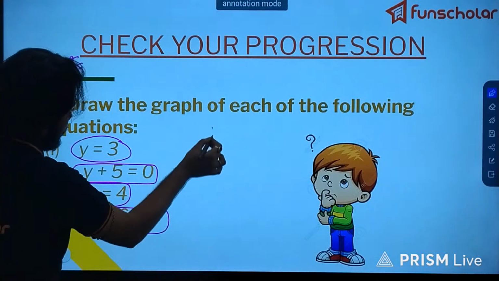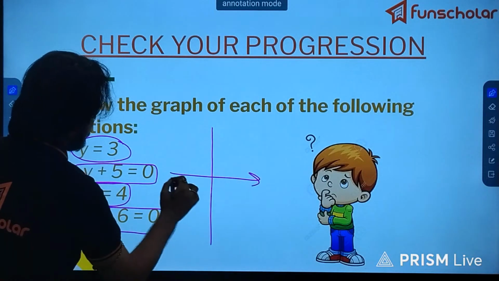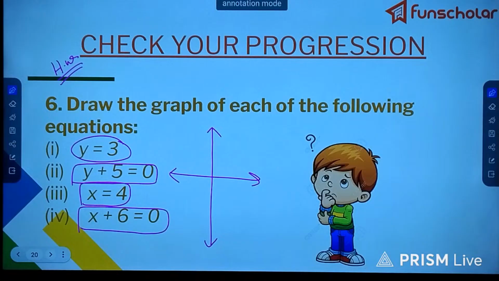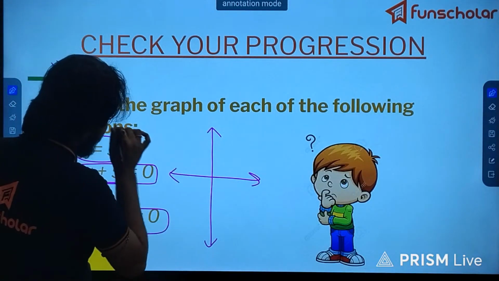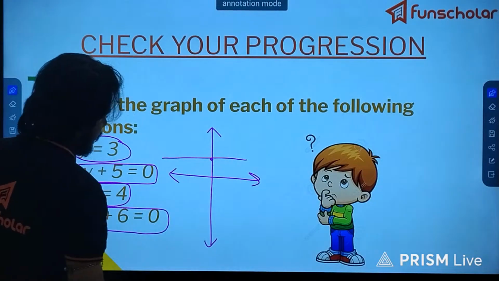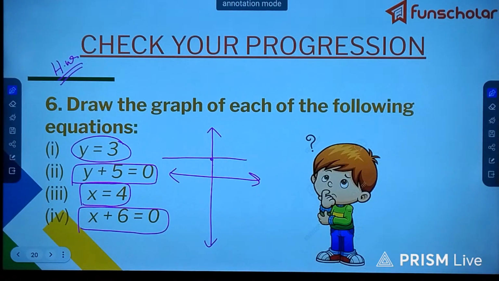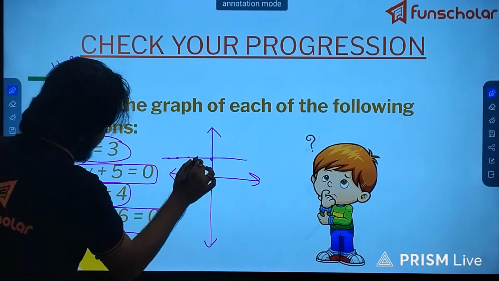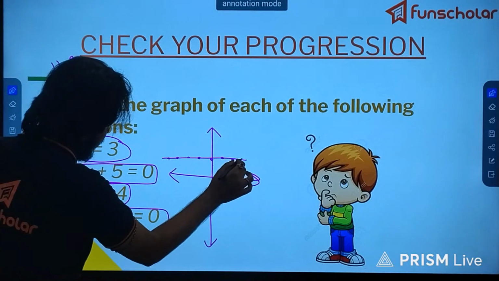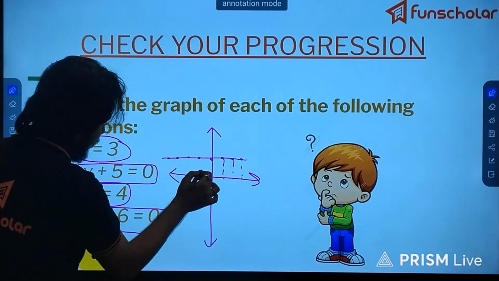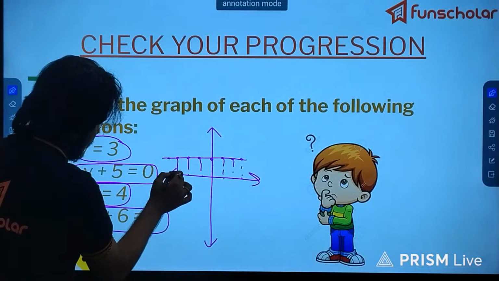Y equal to 3 means 1, 2, 3, this 3, and just draw a straight line, y equal to 3, because if you take any point on this straight line, you will find it is 3 units away from the x-axis.